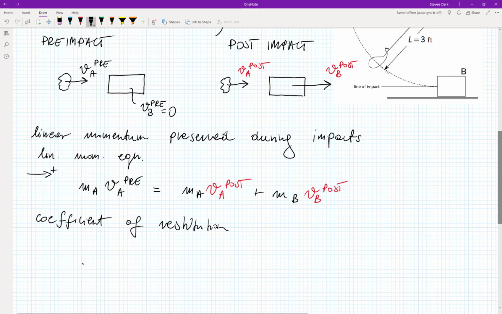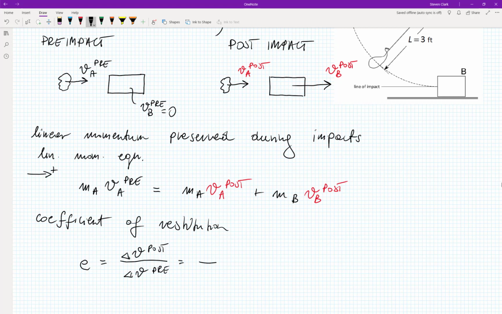And I think that by definition, E is equal to delta V post divided by delta V pre. And that means that VB post minus VA post is here. And in here we will have VA pre minus VB pre.